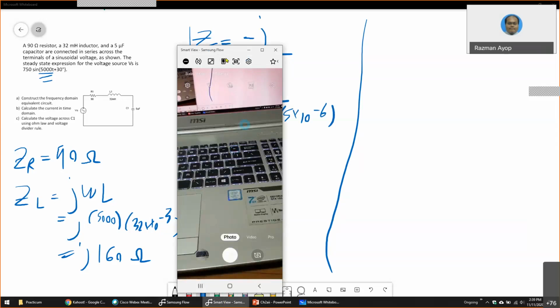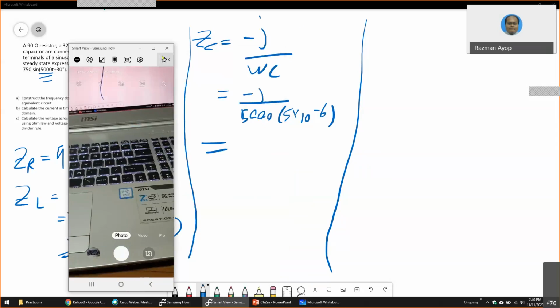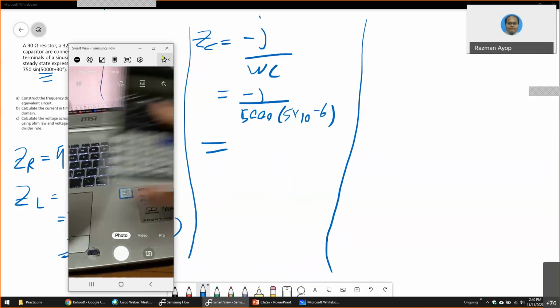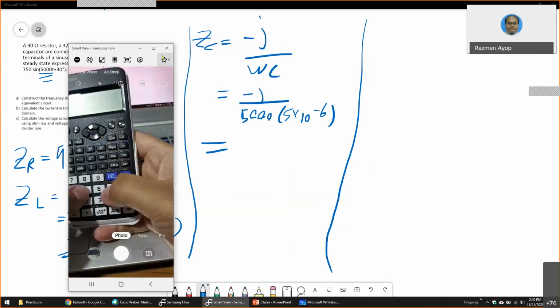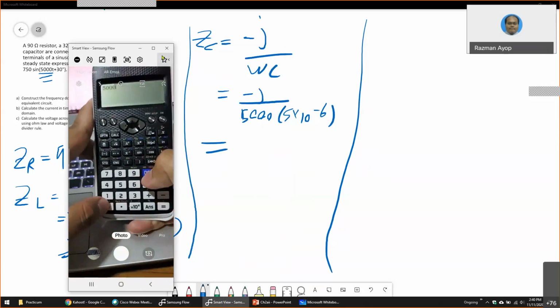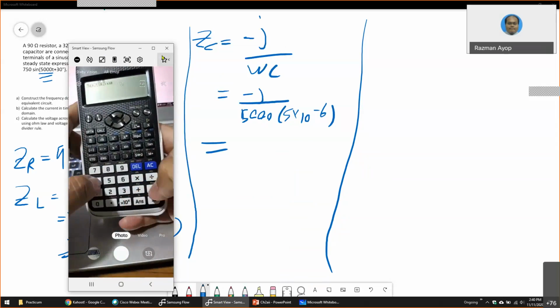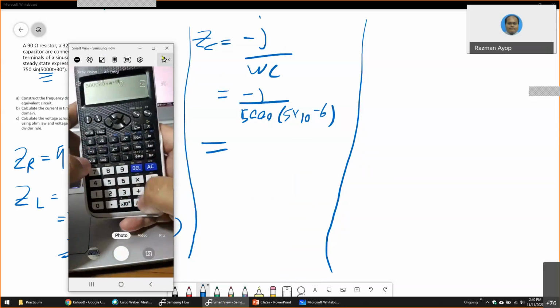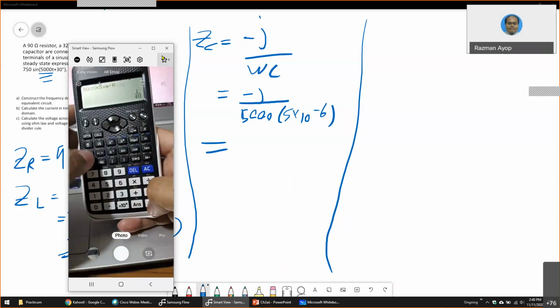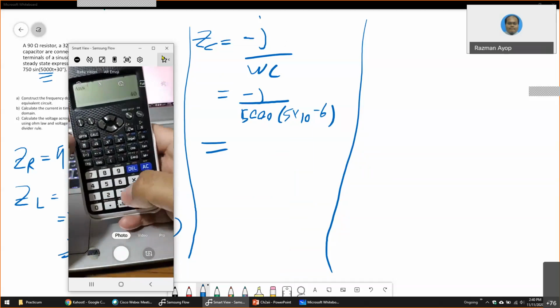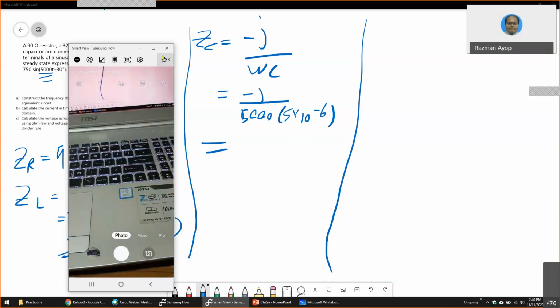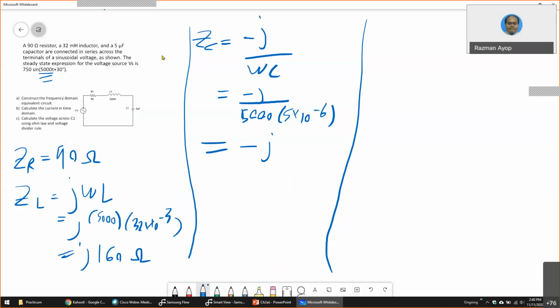Open your calculator: 5,000 multiplied by 5 micro. Don't forget to inverse back. So 40. So this one is negative J 40.